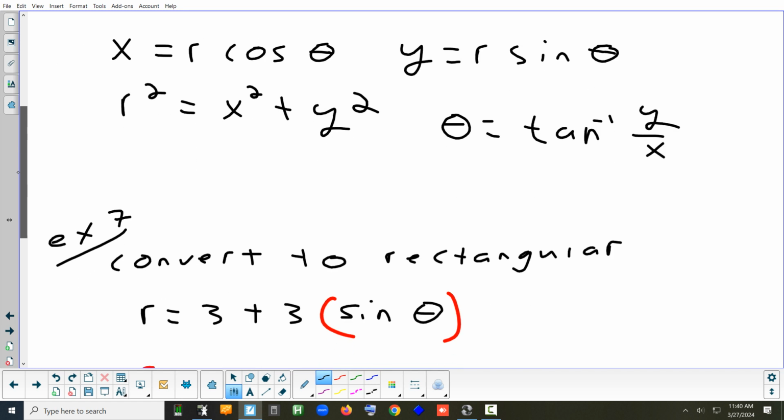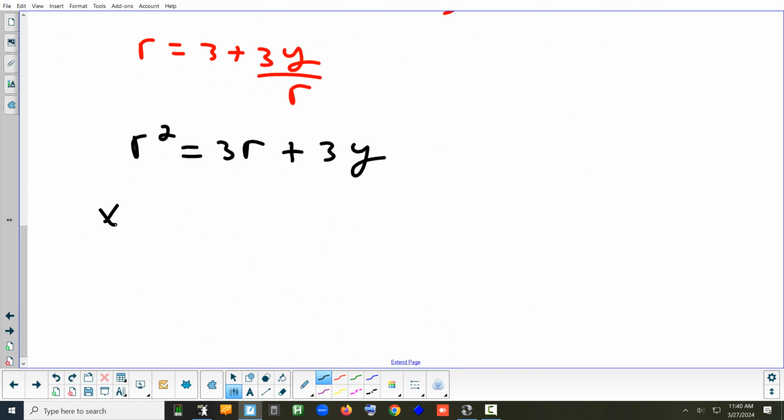X squared plus y squared. So if r squared is x squared plus y squared, then what could I change r to? Can't you change that to the square root of x squared plus y squared? Yep.